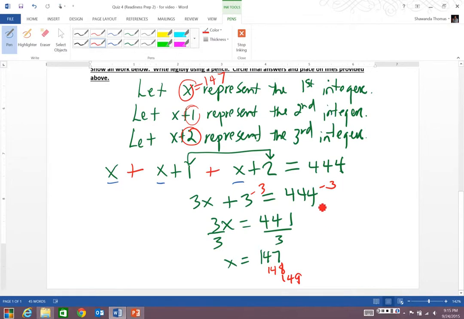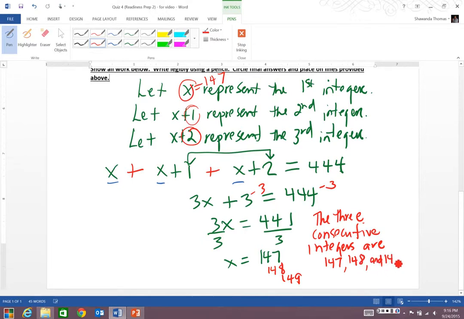Therefore, in conclusion, the three consecutive integers are 147, 148, and 149. How can you check to make sure this is accurate?